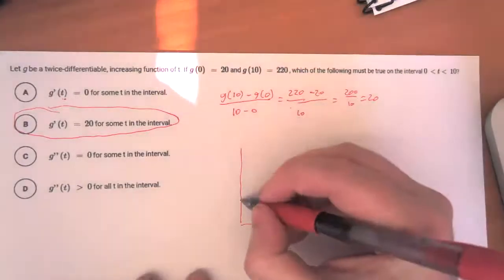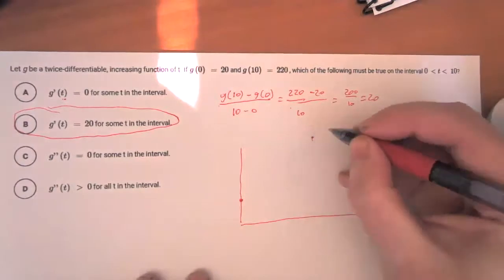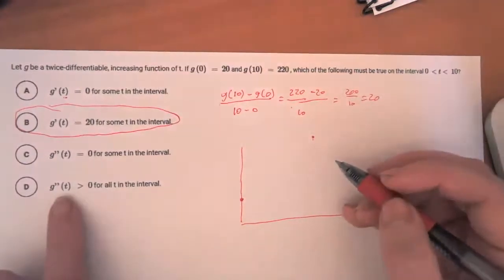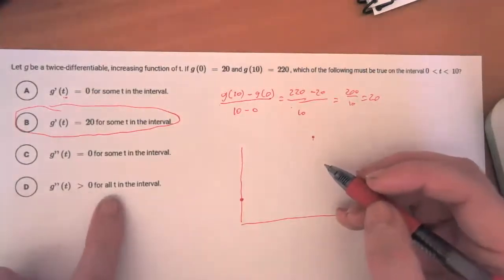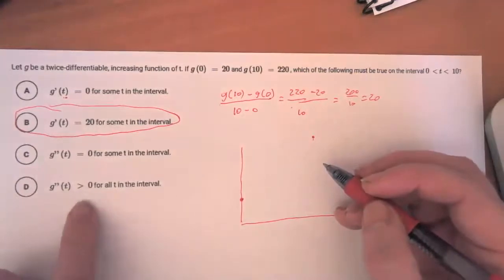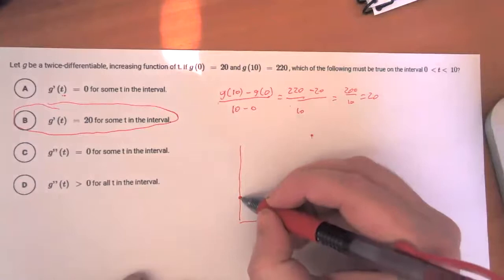So g of 0 is 20 and g of 10 is 220. Let's say that it looks like this. Could you draw a graph where the second derivative is negative for this entire interval? Well, a negative second derivative would be concave down. So I can make an increasing concave down function.